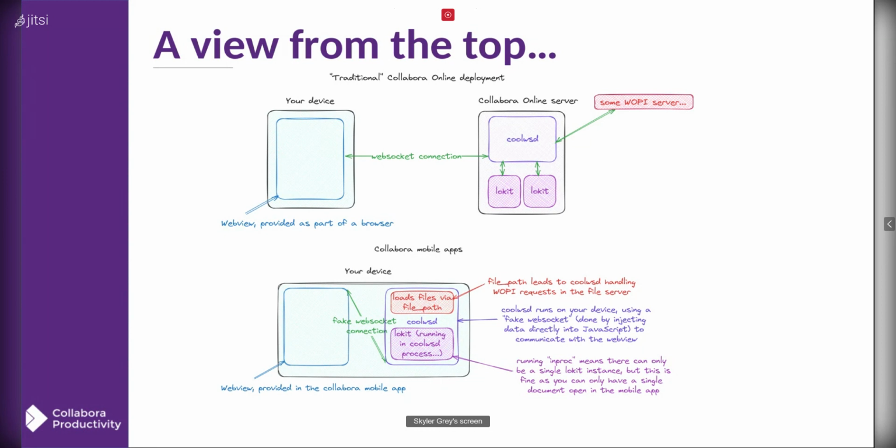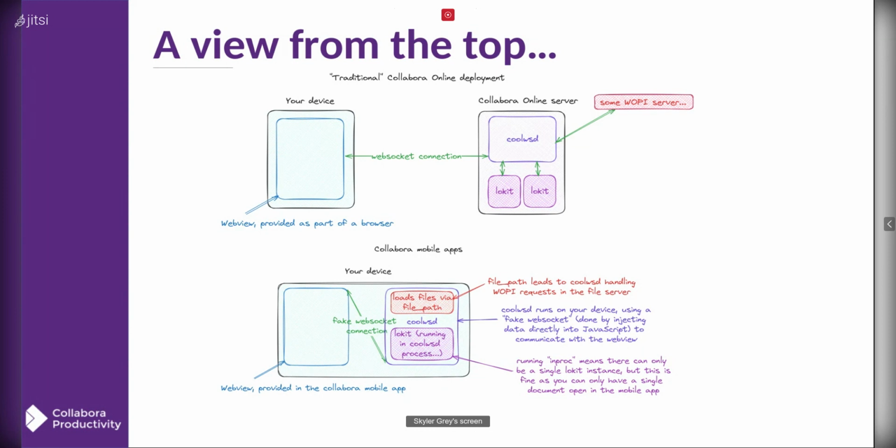The file loading there is a little bit different. That goes through Java or Objective-C, depending on whether you're in Android or iOS. But by the time you've loaded the file, a lot of the stuff is going to be very similar to what you see if you're running Collabora Online in your browser normally.